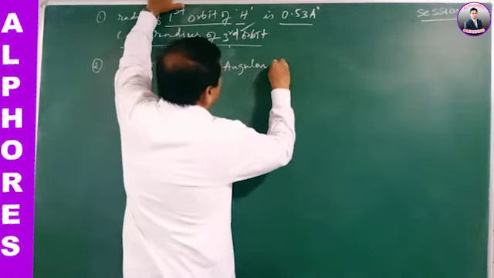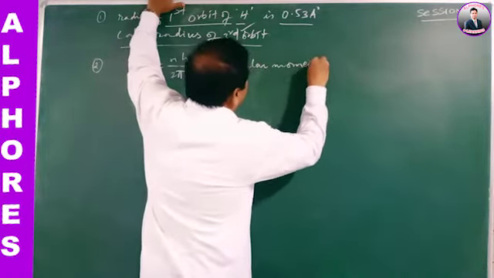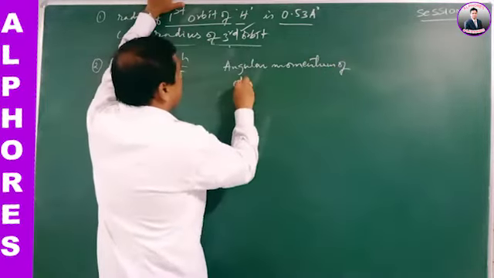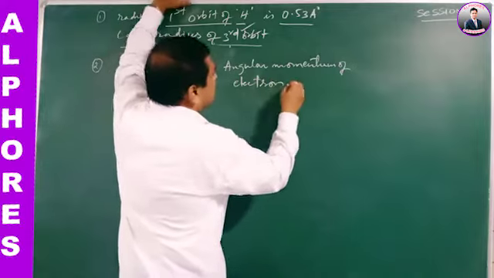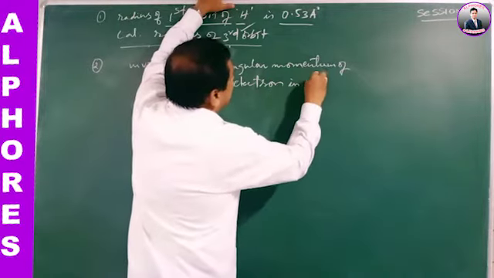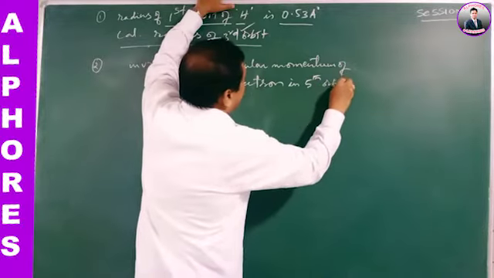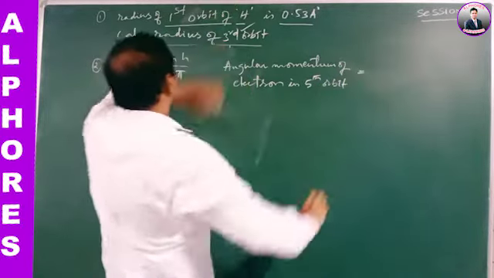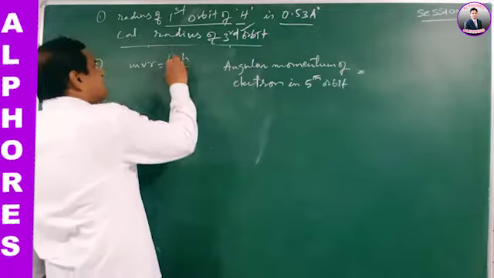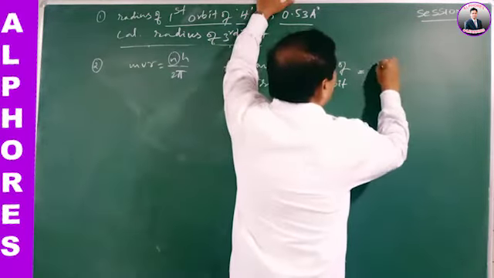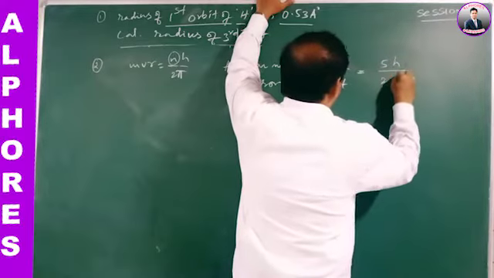So, the angular momentum of the electron in the fifth orbit is equal to, n is equal to 5, that means 5h by 2 pi.